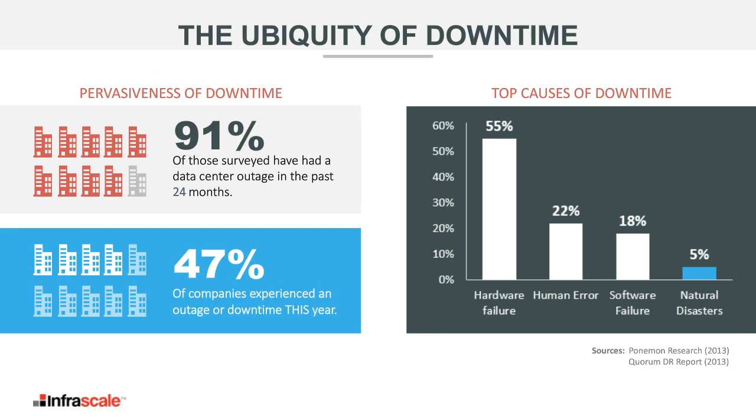So we know that this is something that is affecting your customers on a pretty pervasive basis. Basically, over 24 months, almost 100% of companies are affected. And it is not just hurricanes or ice storms or tornadoes. In fact, some of the data I've seen, anywhere from 6 to 11% is really due to Mother Nature.